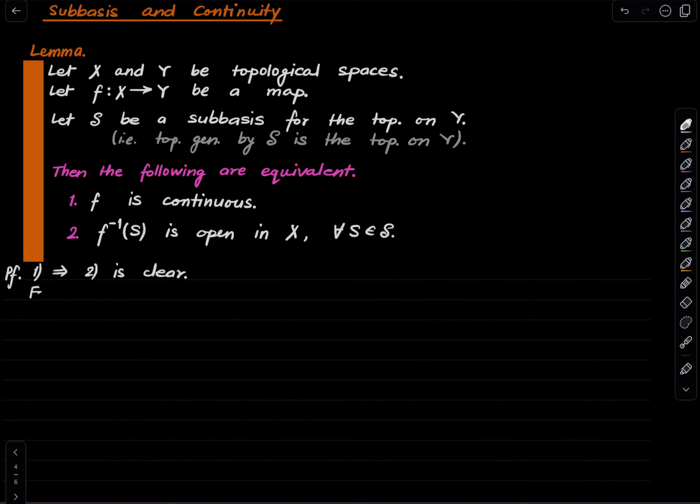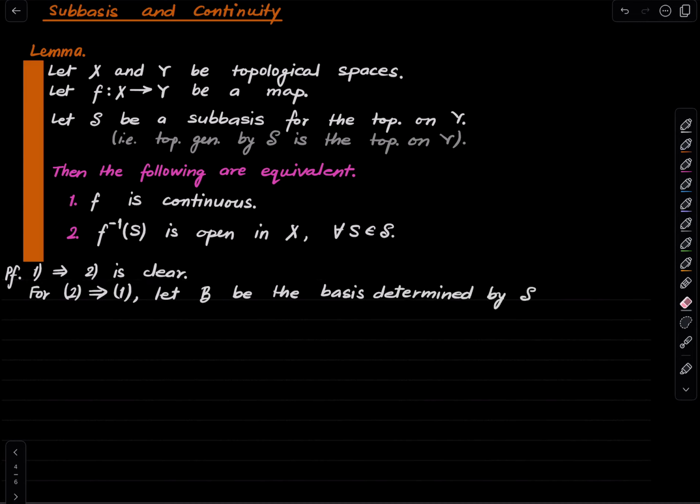Now for the other direction, let script B be the basis determined by S, by which I mean, as in the previous lemma, script B is the collection of all those sets which appear as intersections of finitely many elements in script S. So by this somewhat imprecise statement, I mean the B as it was defined in the previous lemma, previous slide.